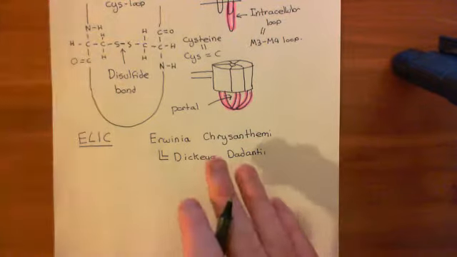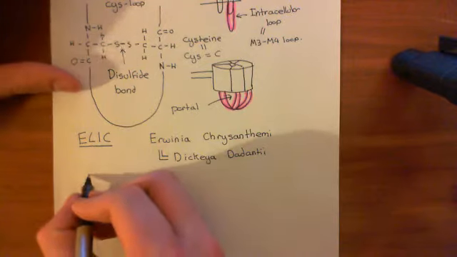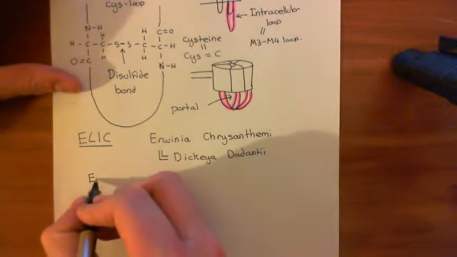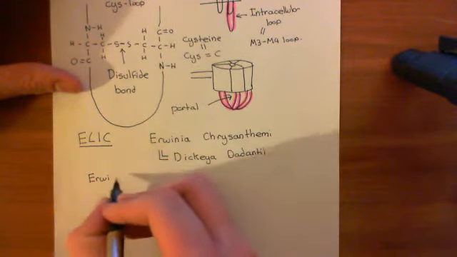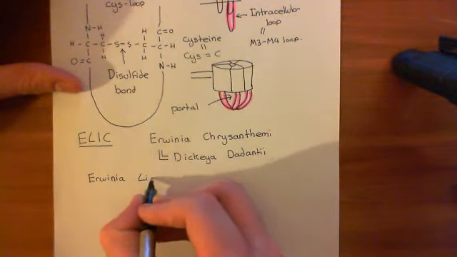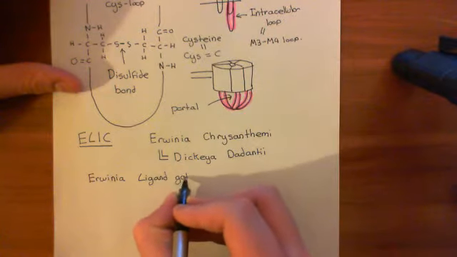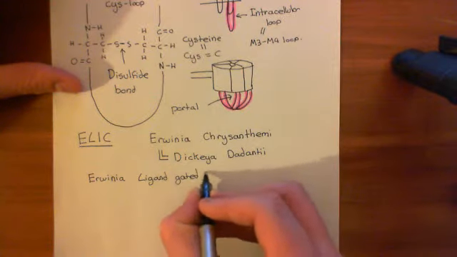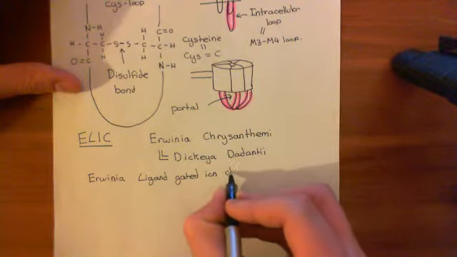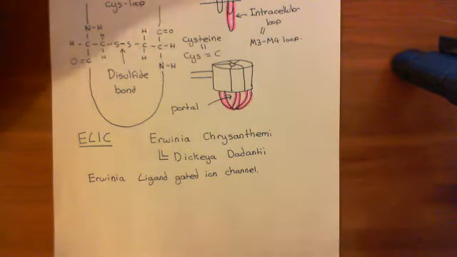And in this bacterium, it has this ELIC channel, and ELIC stands for Erwinia ligand-gated ion channel. So the LIC is for ligand-gated ion channel. Basically, this thing has a very similar structure to the cis-loop ligand-gated ion channels that we see in humans.